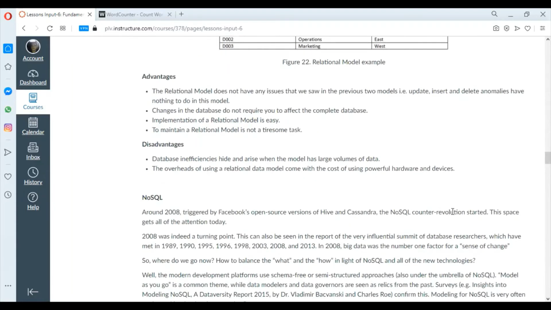What are the advantages? They do not have any issues that we saw in the previous two models. Update, insert, and delete anomalies have nothing to do in this model, so they do not exist in this model. Changes in the database do not require you to affect the complete database.